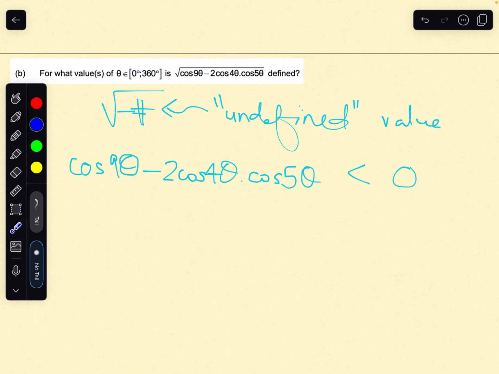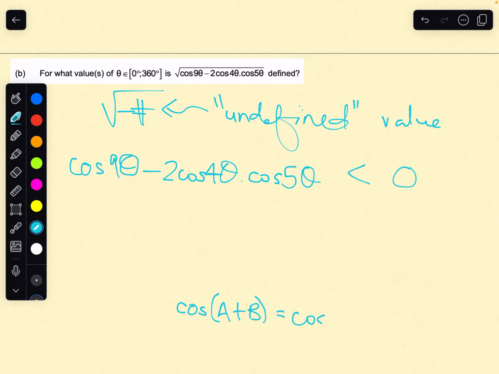I was going to say which one should I use, but I forgot that it's only the double angle identity of cos that has 3 options. For a normal compound angle situation, the identity is very straightforward: cos of a plus b is equal to cos a cos b minus sine a sine b.